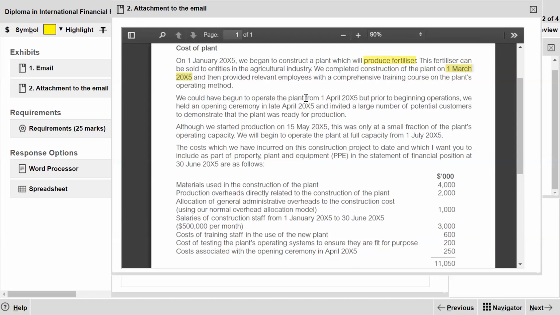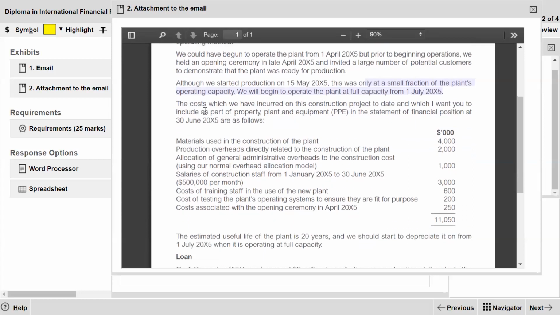We began to operate the plant from 1st April X5. But prior to beginning operations, we held an opening ceremony in late April X5 and invited a large number of potential customers. Although we started production on 15th May 2005, this was only at a small fraction of the plant's operating capacity. We will begin to operate the plant at full capacity from 1st July 2005.